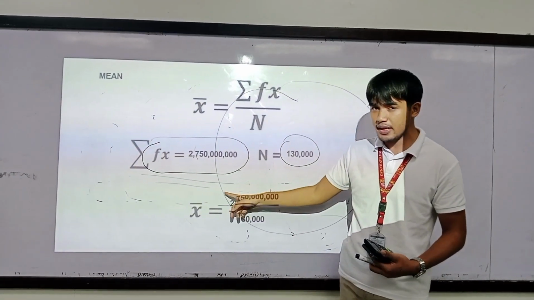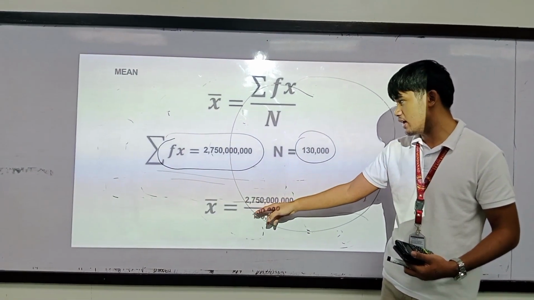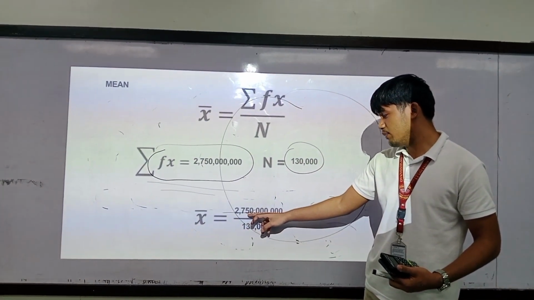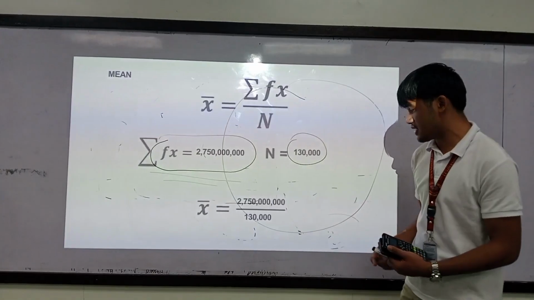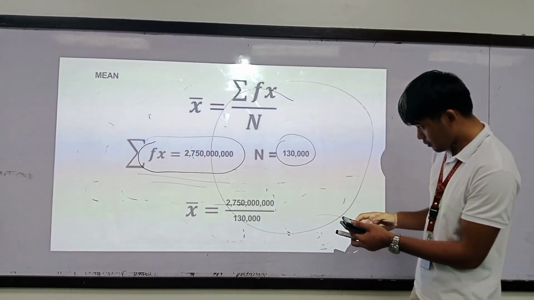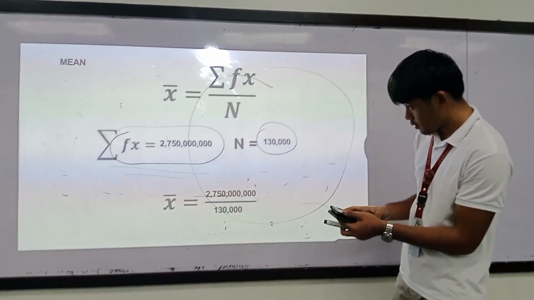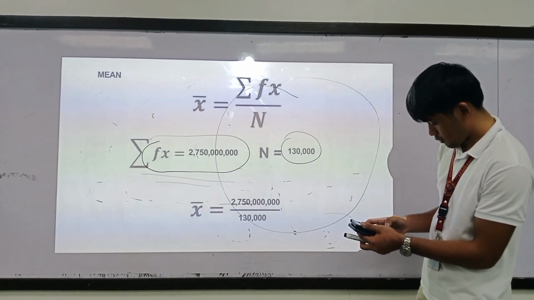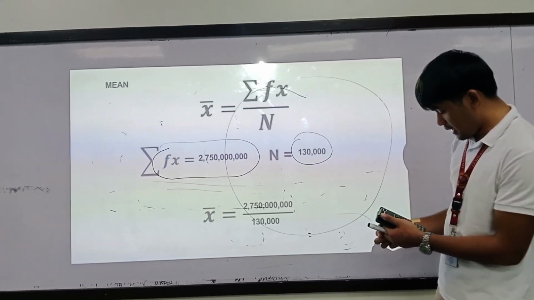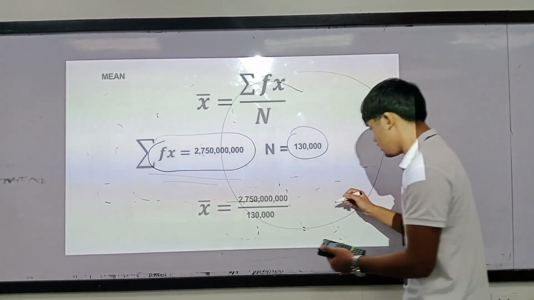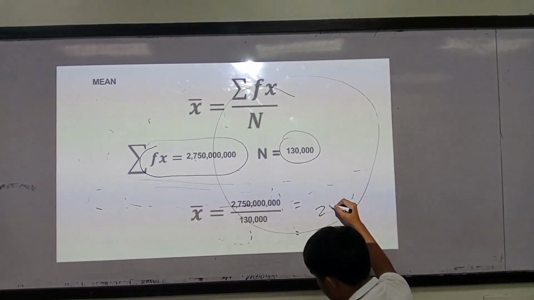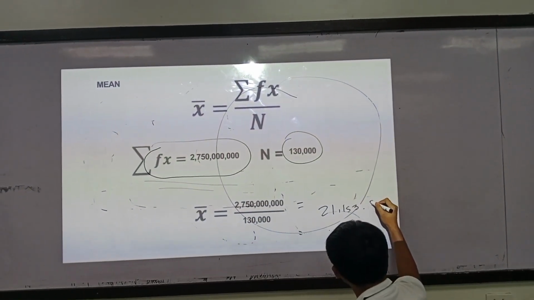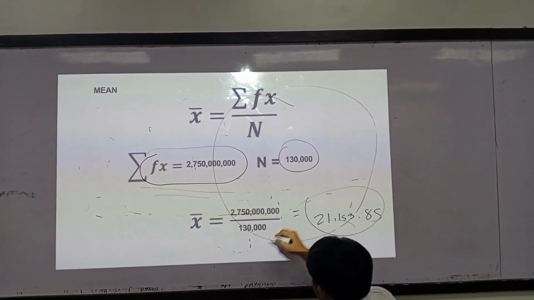So we will just simply substitute it in our formula, so 2,750,000,000 over 130,000, so that we can get the value of 153.85. So this is now our mean.